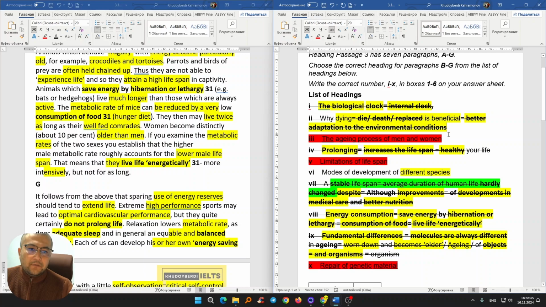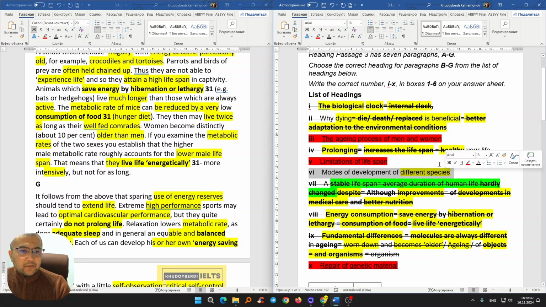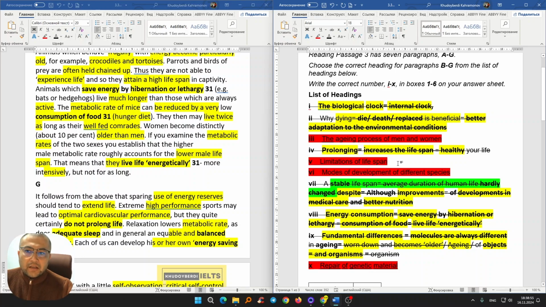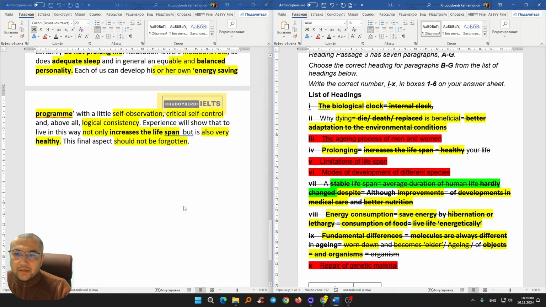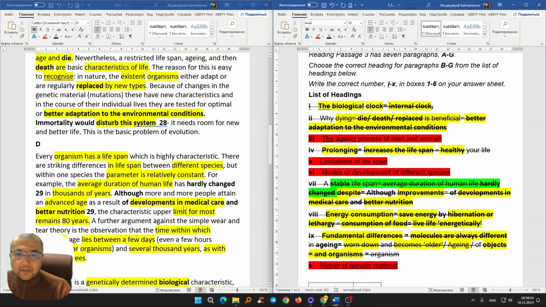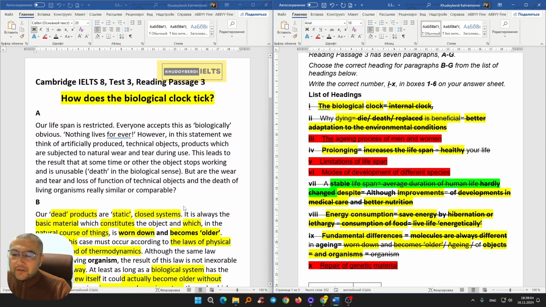If you pay attention here, we have 4 extra headings that don't have to be used as correct answers. And to be honest, it wasn't as difficult as we expected, because it can be a lot more complex, or let's say challenging, as in reading passage 3.